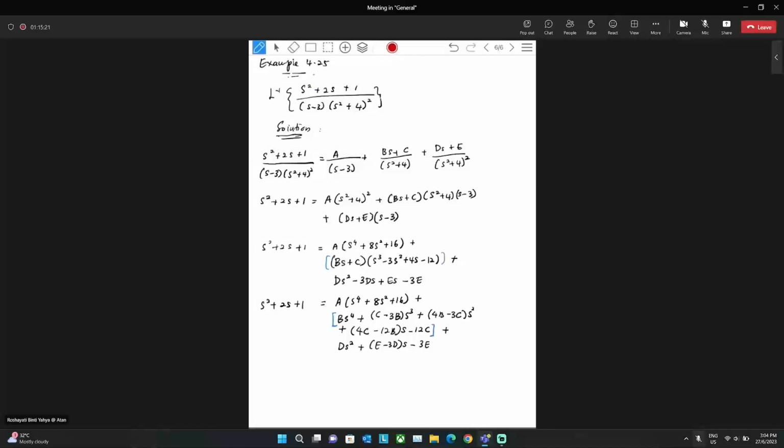Then we go equating the coefficients. We use S minus 3, S equal to 3. Class, how do we know we can choose S equal to 3?